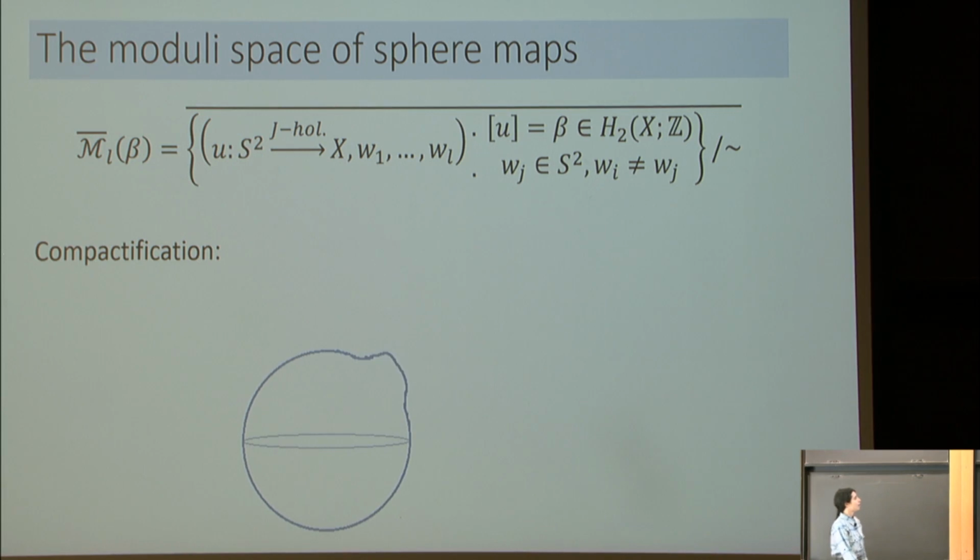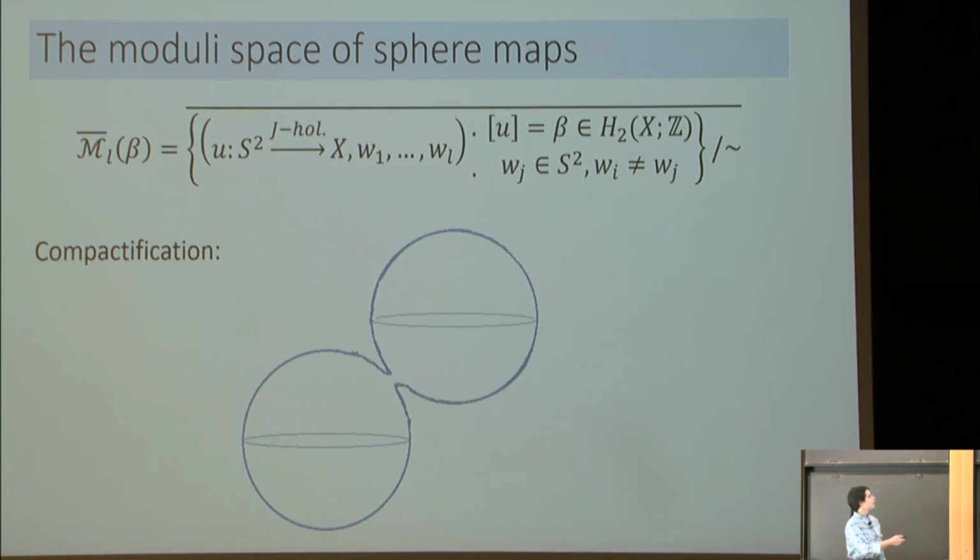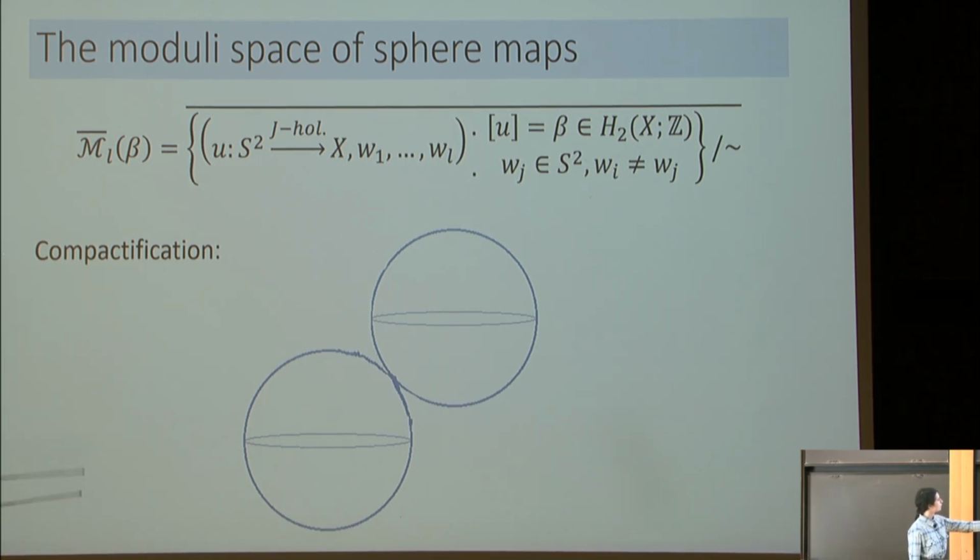And so in the limit, what you get is what we call a nodal curve, where we have two spheres, and one point on one sphere is identified with a point on the other sphere. We want to take this type of creature also as a domain of pseudoholomorphic maps.